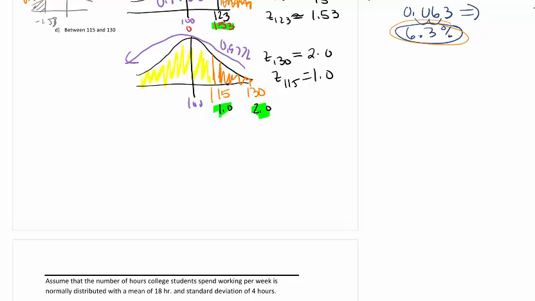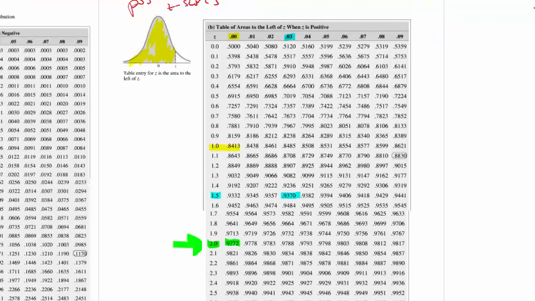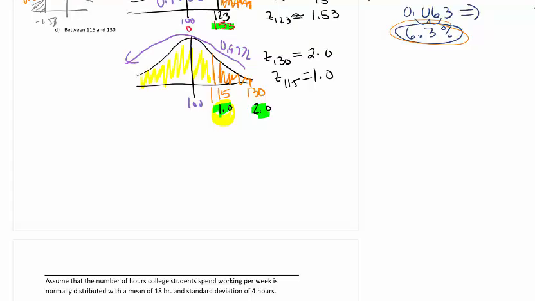So that's going to use the 1.0. So we're going to go back to the chart to look at the 1.0, and you should see that that's the 0.8413 area. So to the left of 1.0 is 0.8413. The left, which is what I have highlighted in yellow, is the 0.8413.